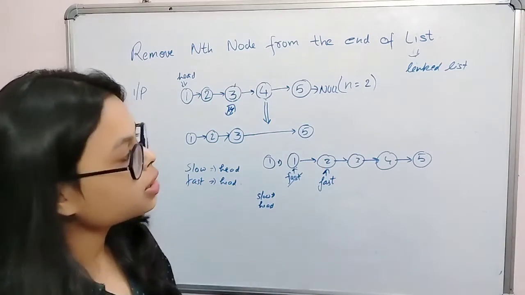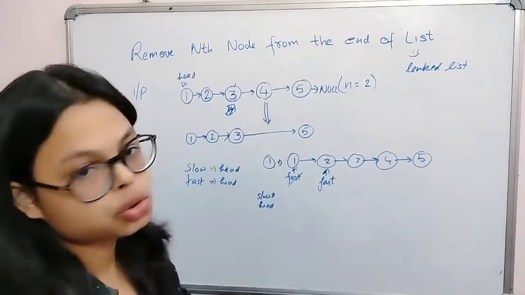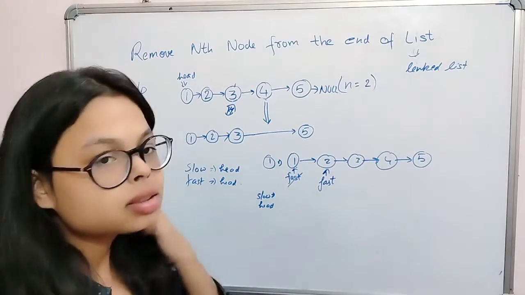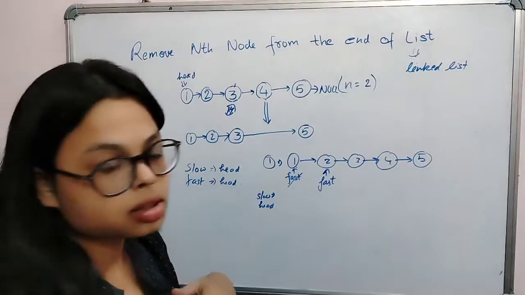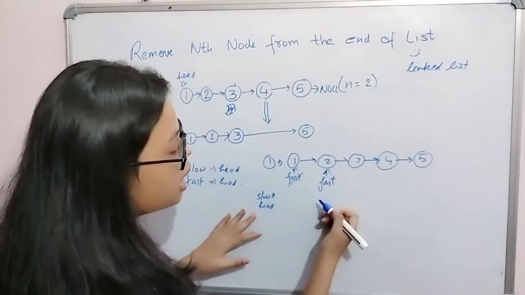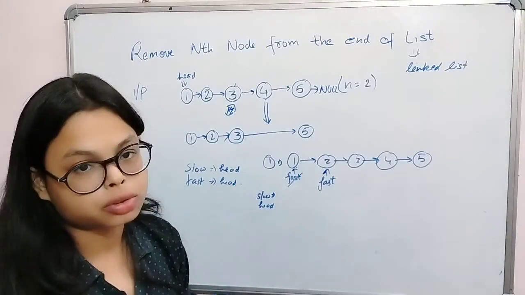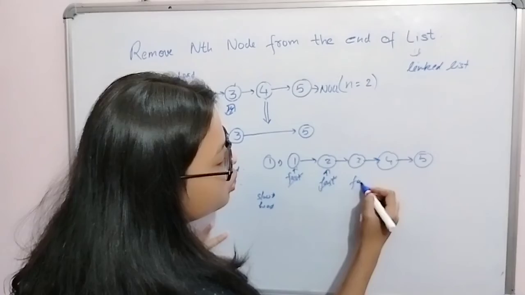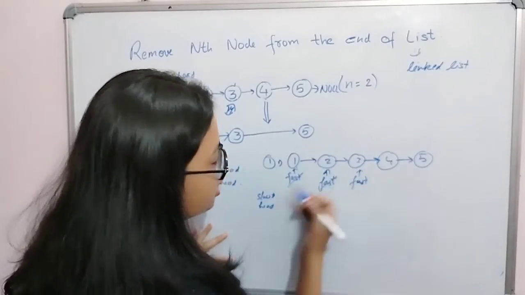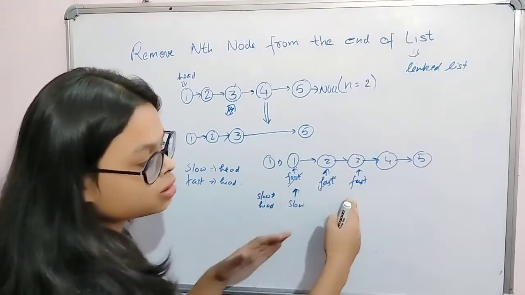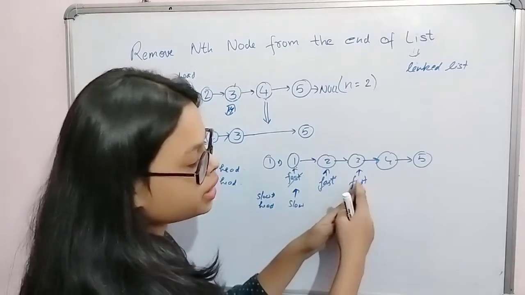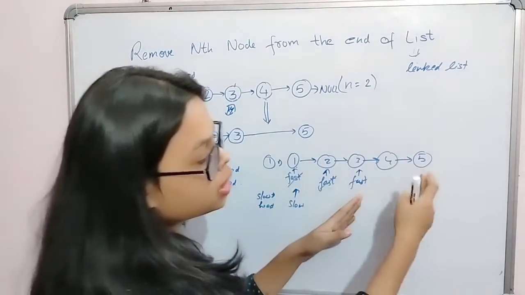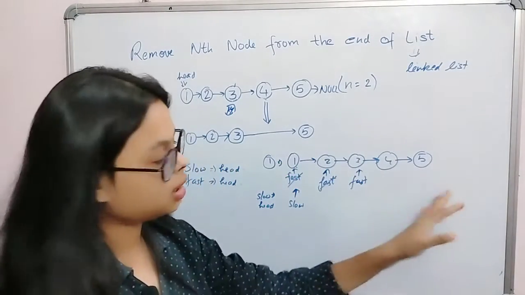Once we have completed this n equals 2, in the next turn we will start our slow pointer also. In the next turn, fast will be on 3 and slow will be on 1, and we do this till the fast pointer reaches the end of the linked list.